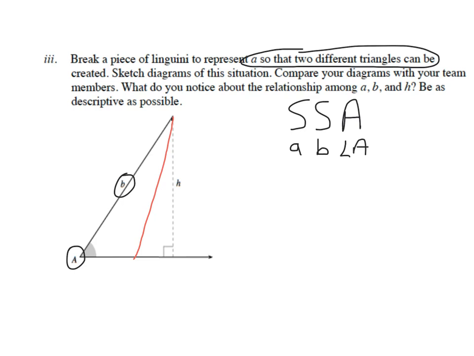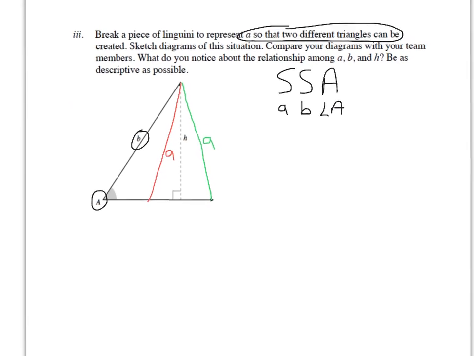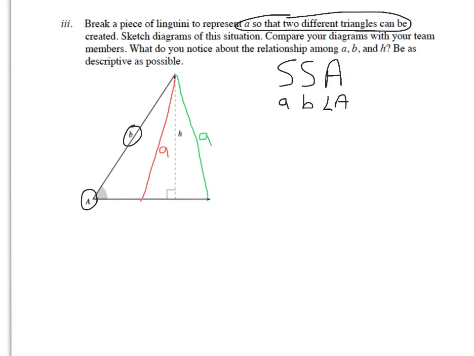Or better yet, let's go two colors here. We've got that A or that A. They're the same, but it's going to create two different triangles. One of these triangles is going to have an acute angle, and that's going to be in green.